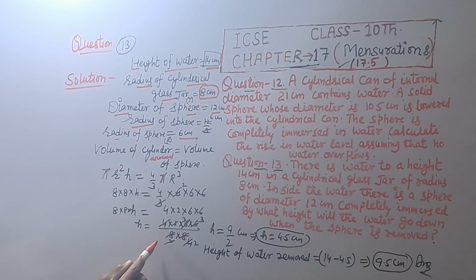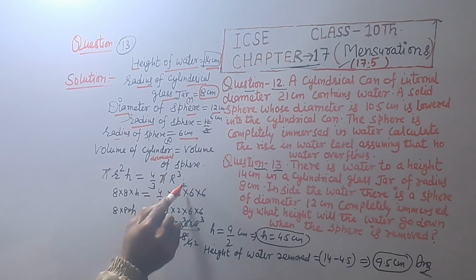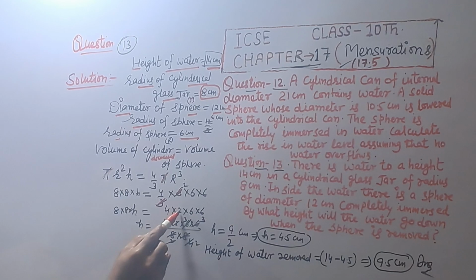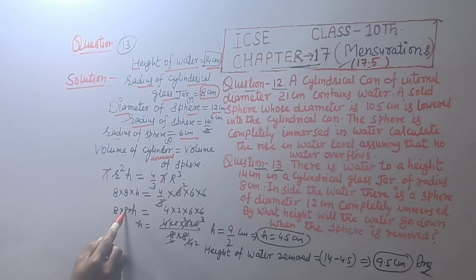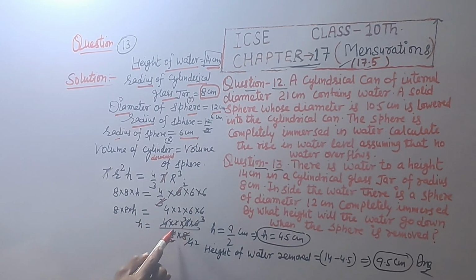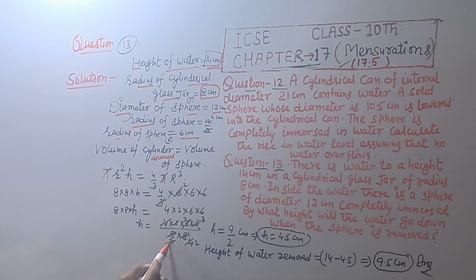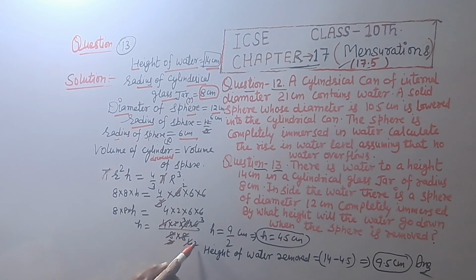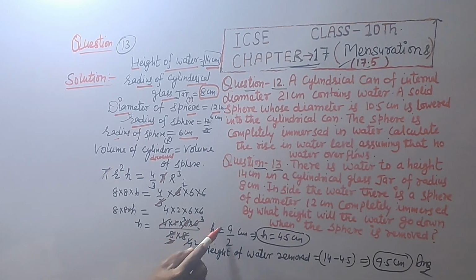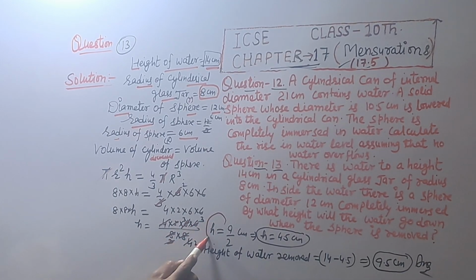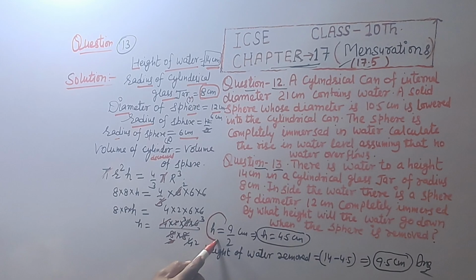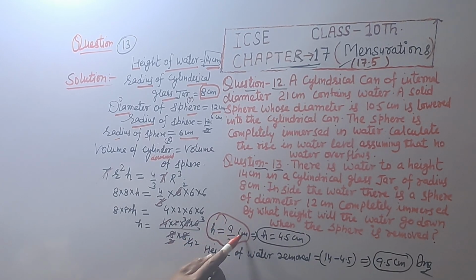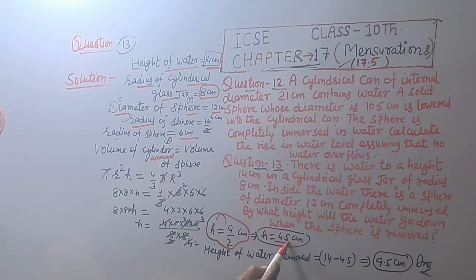3 2s are 6, and h equal to 4 into 2 into 6 into 6 divided by 8 into 8. 4 2s are 8, 2 is cancelled, and 3 2s are 6, 4 2s are 8, 2 2s are 4, 3 2s are 6. Height of cylinder decreased is equal to 9 upon 2 centimeter or 4.5 centimeter.